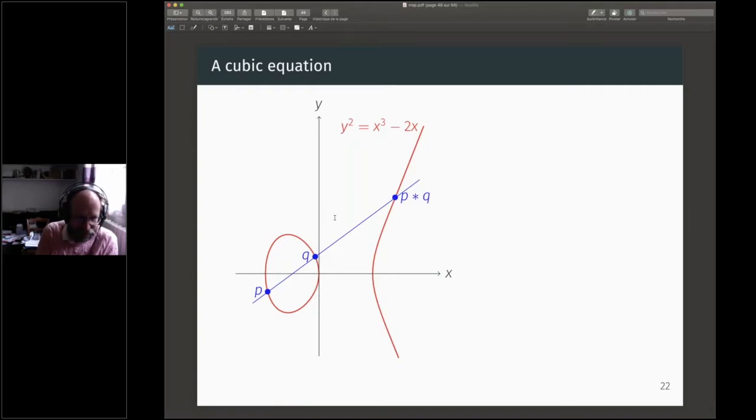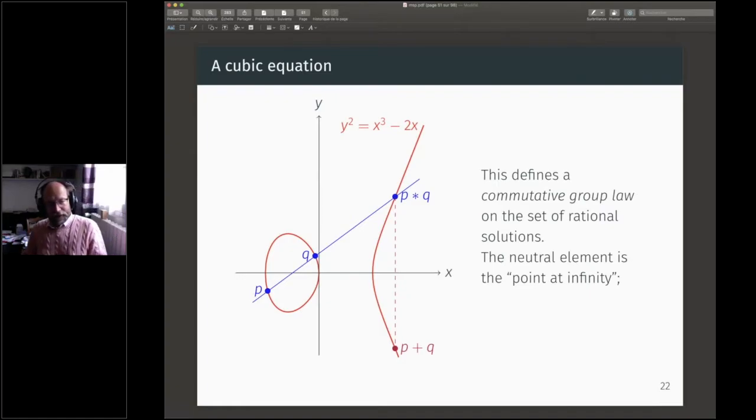So this point P star Q, and what I call P plus Q is just the point which is symmetric to P star Q. I don't know whether this sentence makes sense to you, but from these plus rules on the points of the elliptic curve, this defines what is called a commutative group law. It means that it exactly behaves like addition of numbers, except that these are not numbers, these are points.